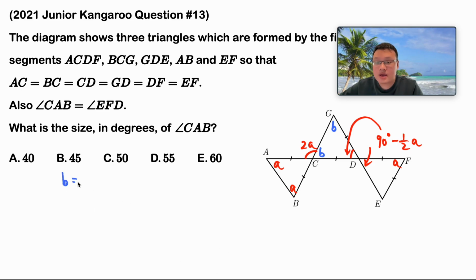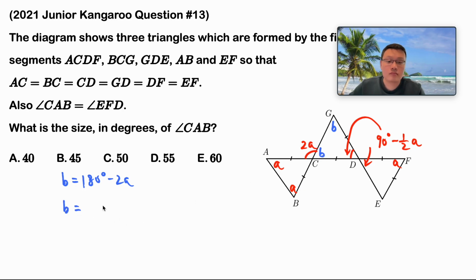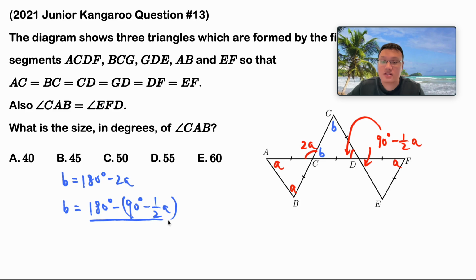We know that B equals 180 minus 2A, right? That is B. And also B equals 180 minus the top angle, which is 90 take away half A, in the bracket, and then divided by 2, because you got 2 base angles.